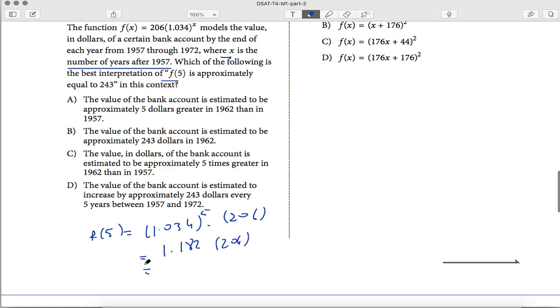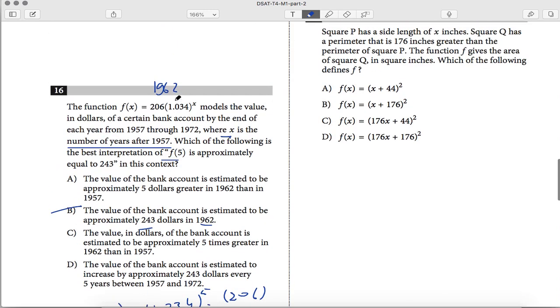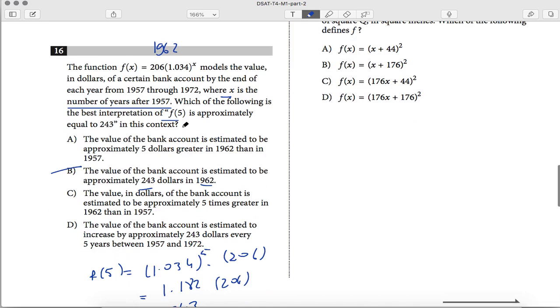When we multiply it and round it, it does give us 243. So basically, the answer is B. The value of the bank account is estimated to be approximately $243 in 1962, as we just discussed.